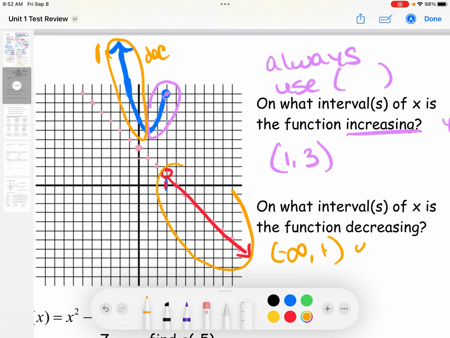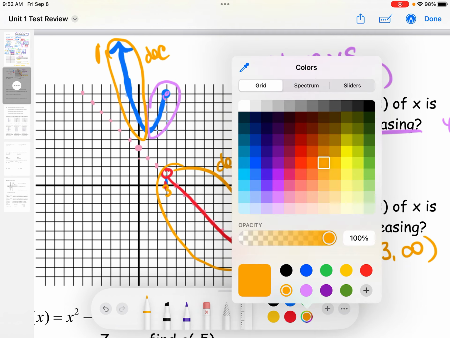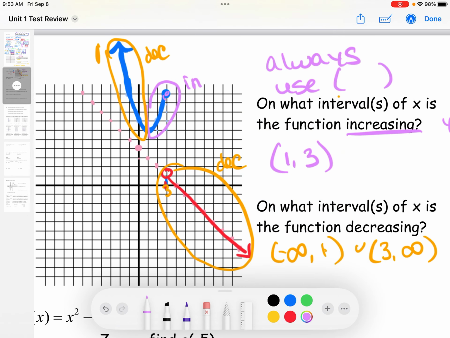And then also this whole linear piece decreases, and that starts when x is 3 and goes to infinity. There are your intervals of decrease where the graph goes down. Here's where the graph goes up. So there is a piecewise function.